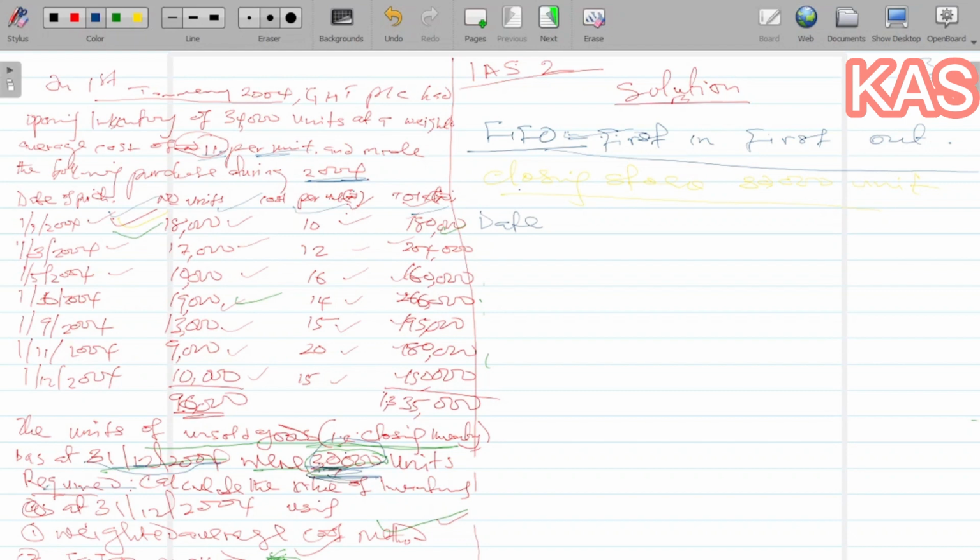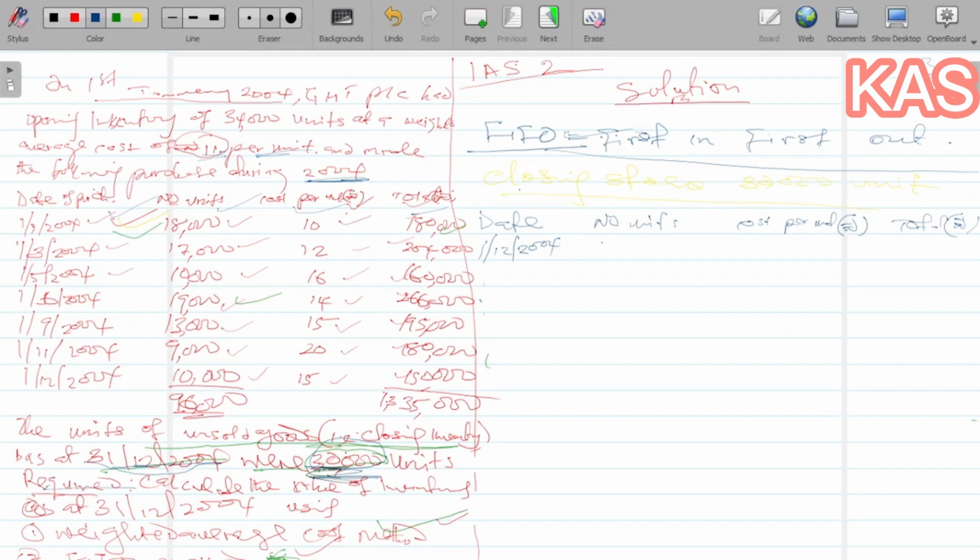So looking at this question, this is the date, this is the number of units, this is the cost per unit in naira, and this is the total in naira. We have 1st of December 2004.